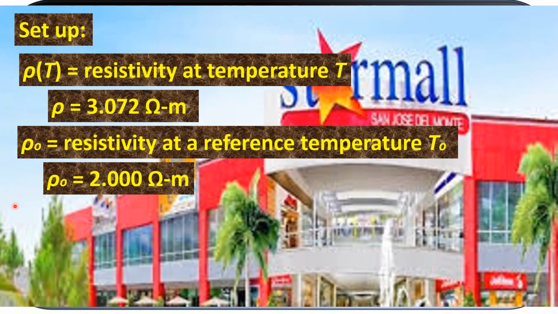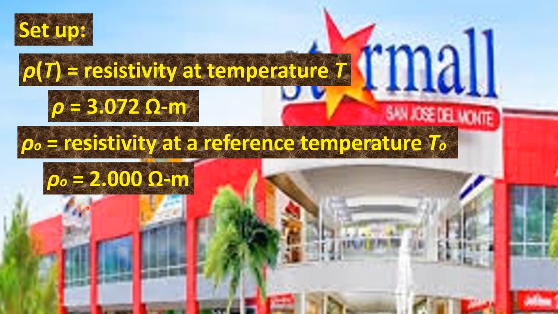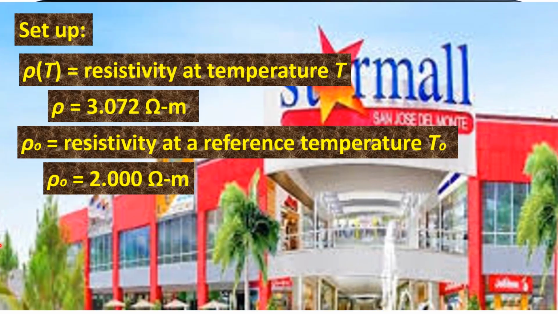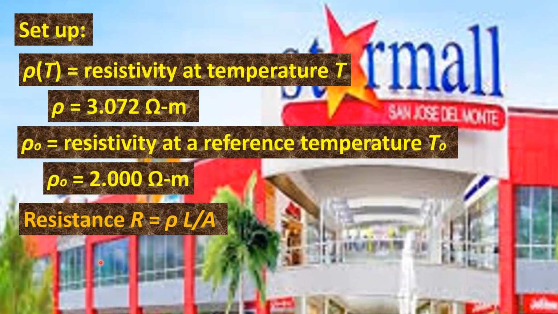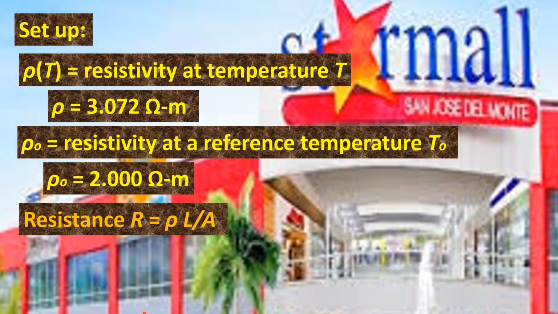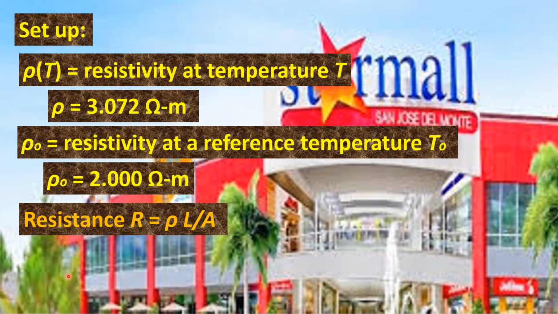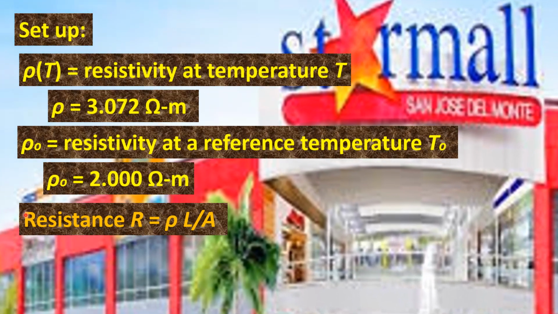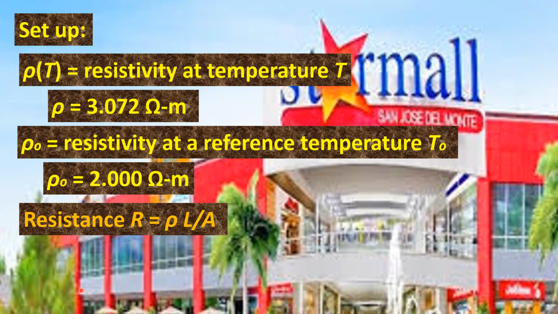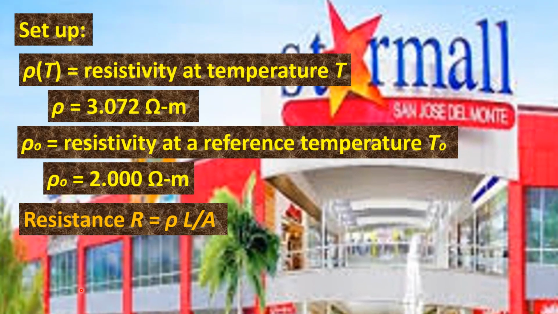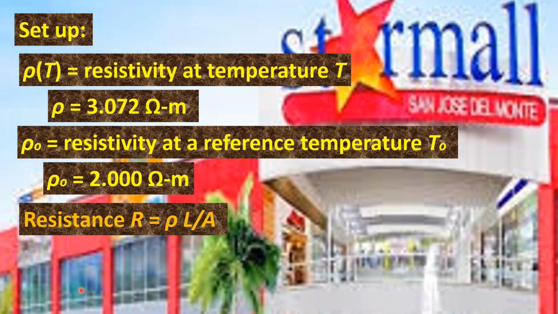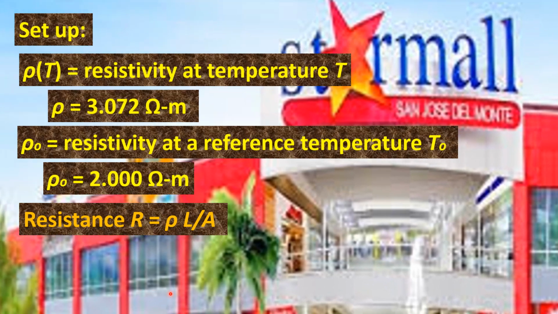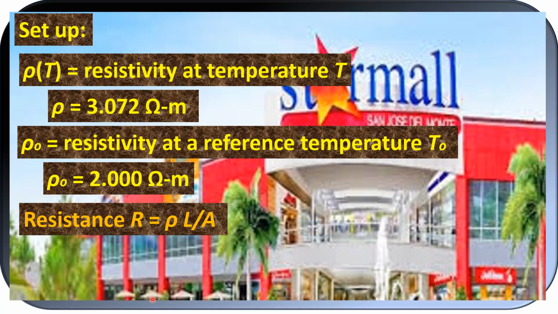How we obtain these values for rho and rho naught is actually based on the formula for the resistance, big R. The resistance big R is just equal to the product of rho, the resistivity of the conducting material, multiplied by the length of the conductor divided by the cross-sectional area, capital A. Now, in this problem, the ratio of the length over the cross-sectional area is in fact constant.